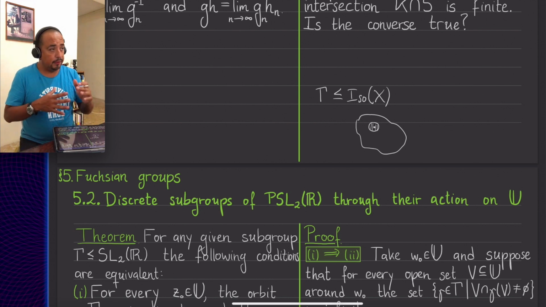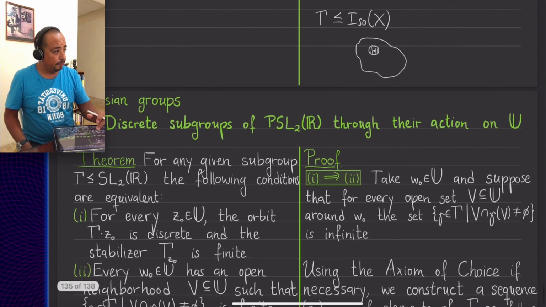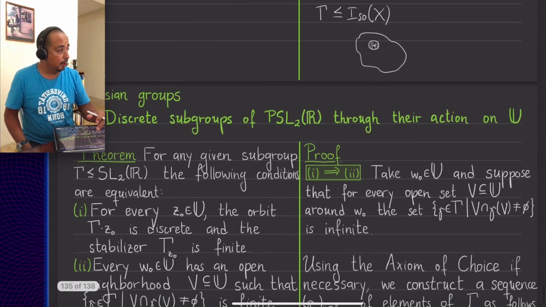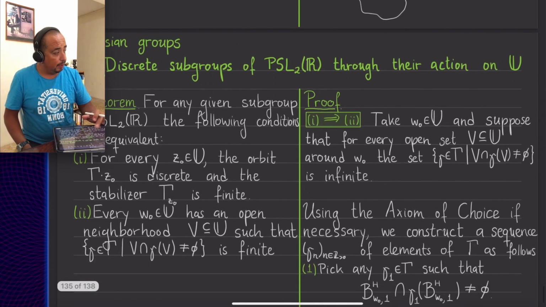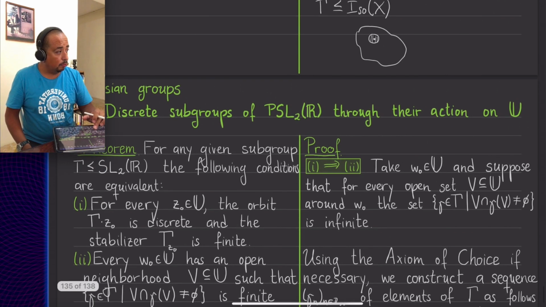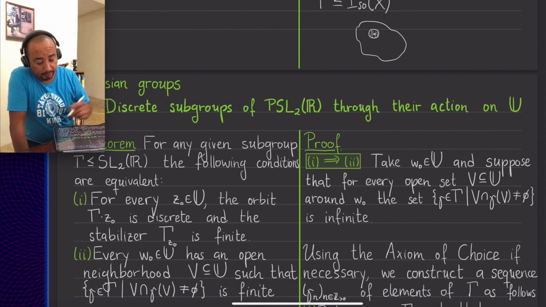This sort of weaker condition, which maybe doesn't give you covering spaces but something close to them, is the content of the first theorem of today, or the only theorem of today, because it's the only one I'm going to prove today. It is the following: if you give me a subgroup of SL2R, the following two conditions are equivalent.